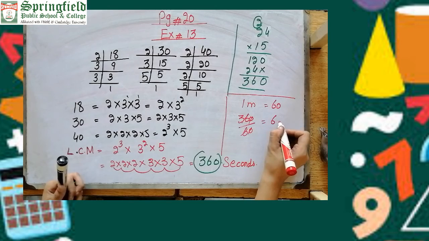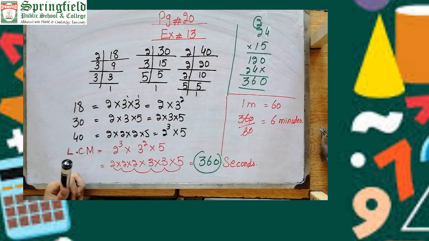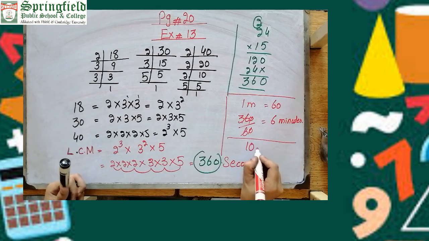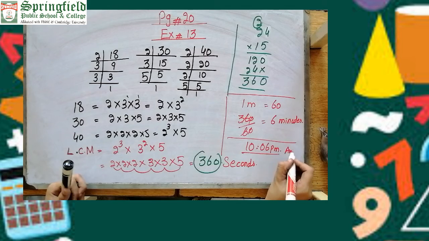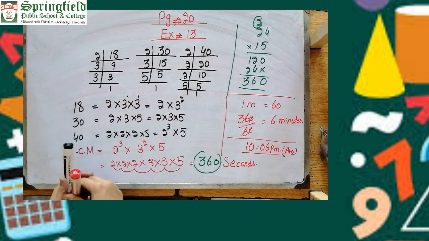It means 6 minutes. So the three lights will next flash together at 10:06, at the 6th minute PM. And this is your answer. Understood, beta? Okay.